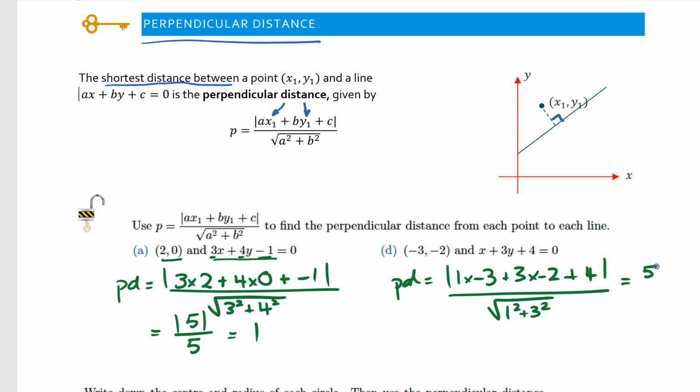Okay, next one says use a point on the first line to find the distance between each pair of parallel lines. So first, and this again is an application involving some good maths understanding. First thing to notice is that we can see these lines are parallel because the A and the B values are the same. And if two lines are parallel, and we want the distance between them, what we want is the shortest distance.